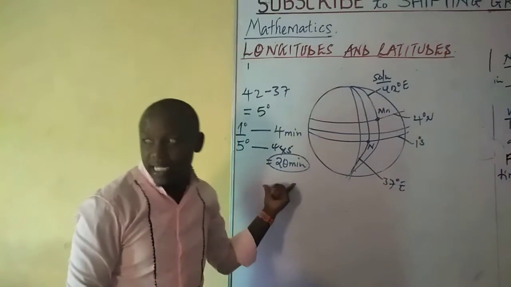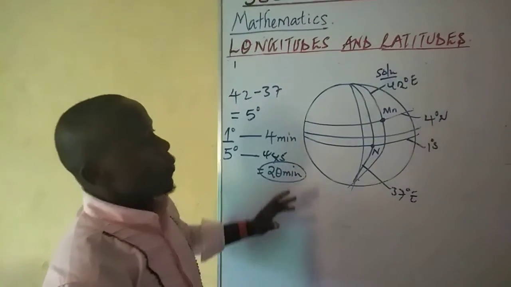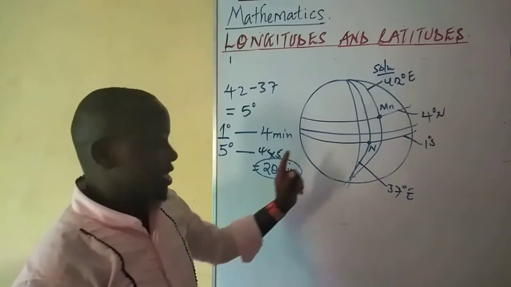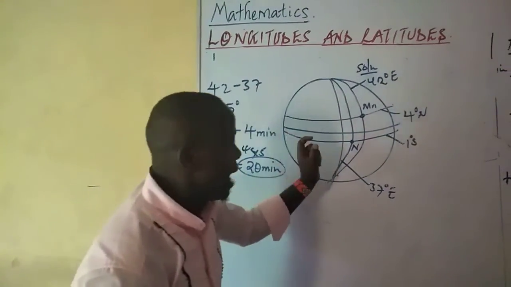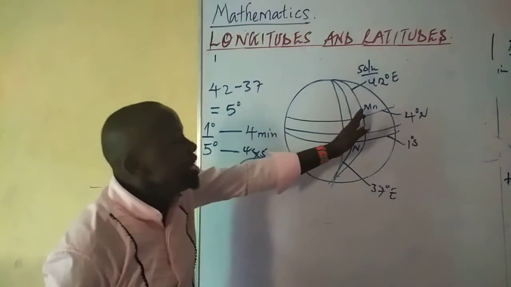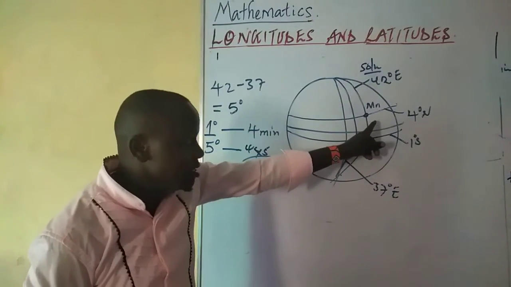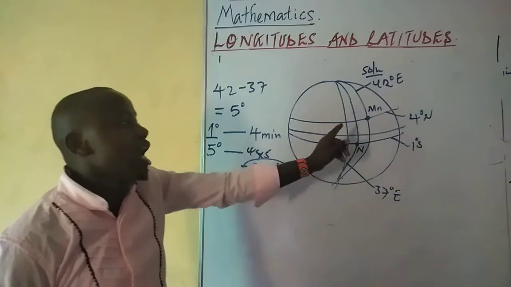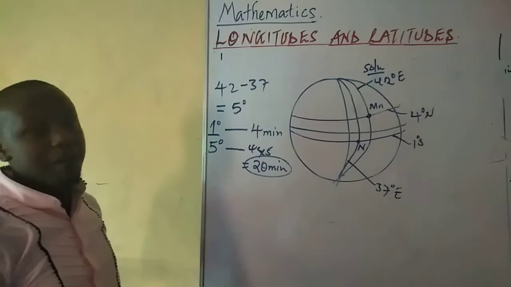If it is 20 minutes, we can now relate: we are given the time in Mandera as 3 p.m. and we are asked to get the time in Nairobi, and we know that Nairobi is west of Mandera. So comparing Nairobi and Mandera, Nairobi is behind in time because it is in the west of Mandera.